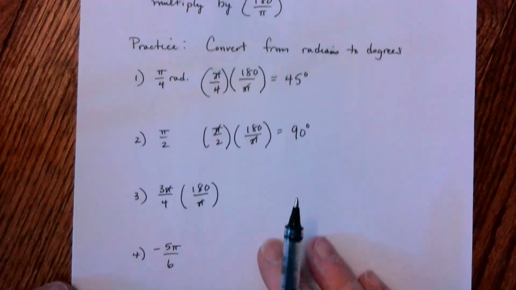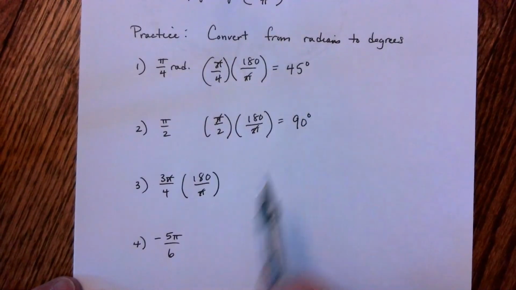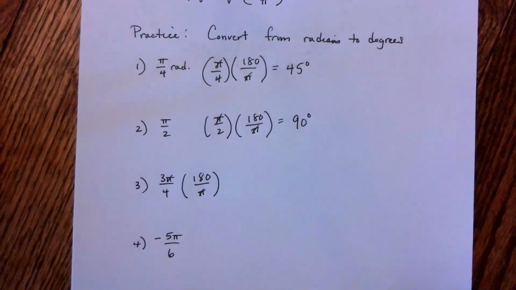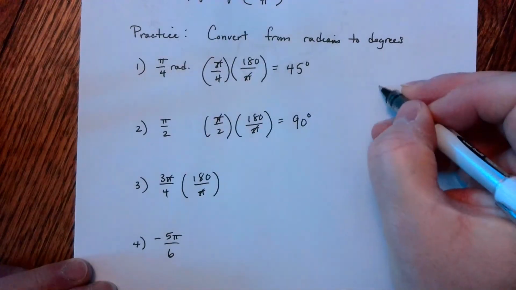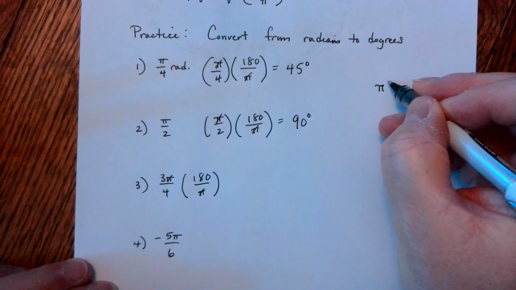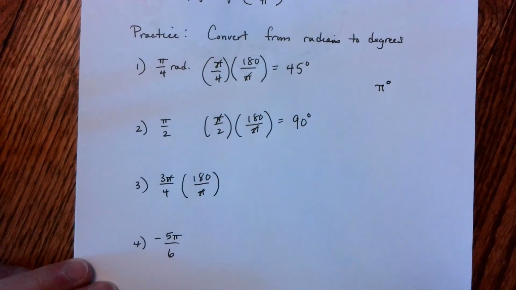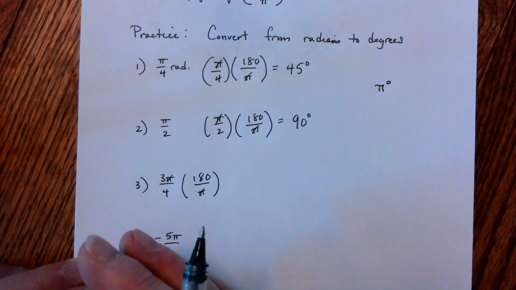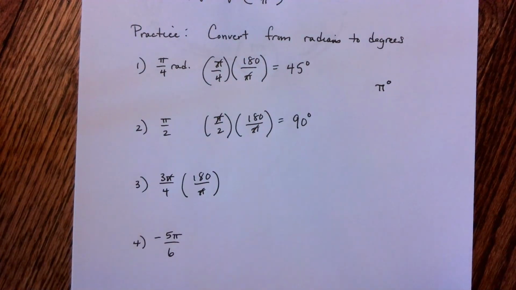When you're converting to degrees, there shouldn't be pi left in the answer. Now, of course, in upper level mathematics, pi may still be there, because you can have pi degrees. Remember, pi is just a number. It's an irrational number. So you can have pi degrees. That's possible. So just keep in mind that right now, we're just trying to keep it basic and work through the problems. Most of the time, your pi will cancel out. But there are times when it won't.